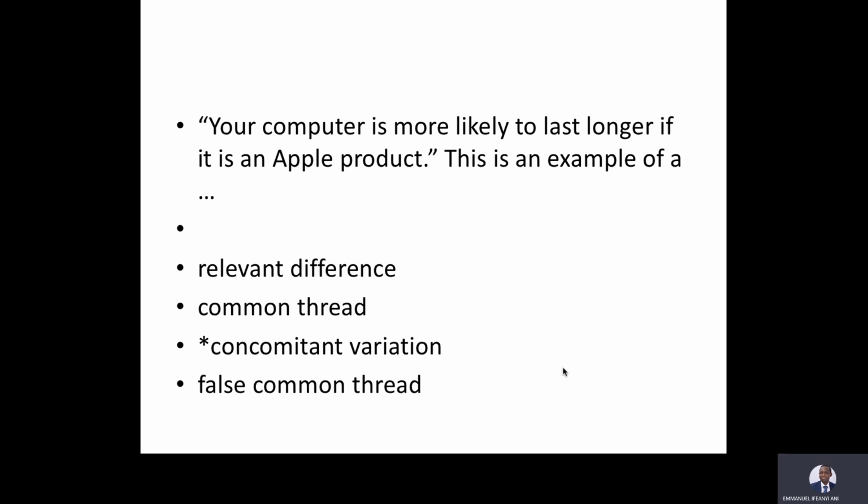Some products have a higher degree of strength and resilience and durability compared to some other products. And so when you begin to talk about different degrees of something, then you are talking about concomitant variation. So the answer to this question will be concomitant variation.